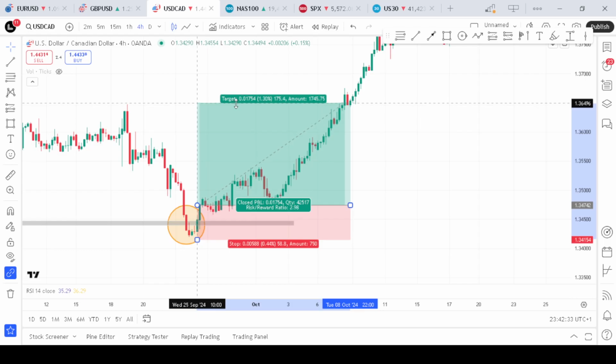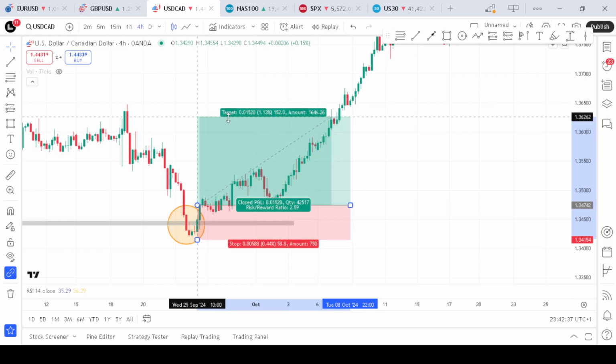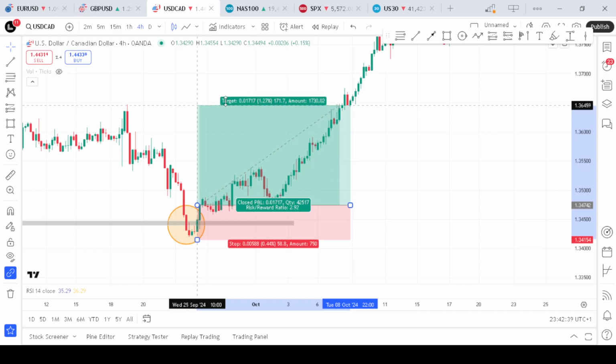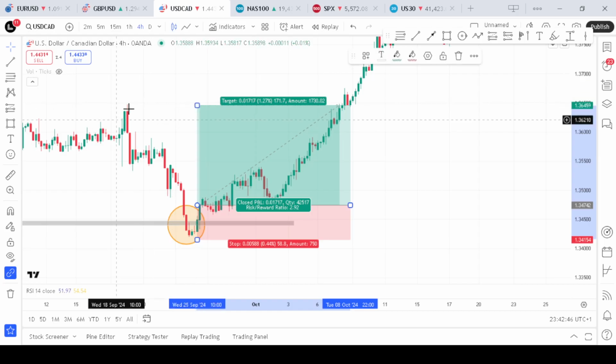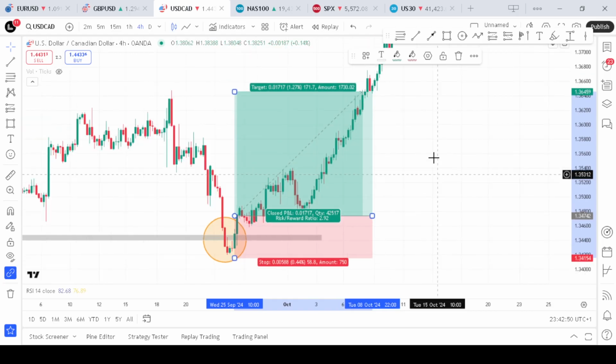You can also use the previous swing lows and highs as an area to take your final profit. These are the ways that we can use to manage our trade.